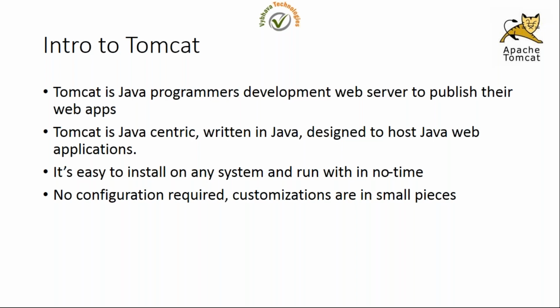So Tomcat is Java centric. As I mentioned, CGI is optional. CGI is another option where you can run any script on a web server, meaning shell script, Python script, Perl script, anything that you can keep in the web server, and then you can make that server dynamic. This Tomcat web server is designed only for Java, not focused on other things.